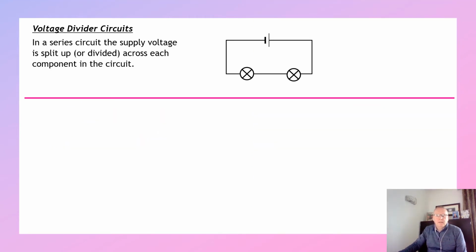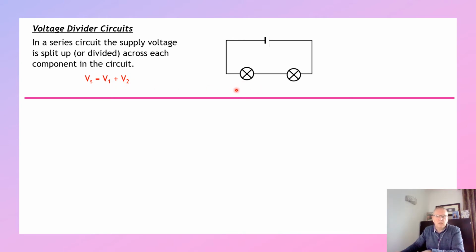So linked to what we've been doing before, this is a series circuit, and it's also known as a voltage divider circuit because if you know the voltage of the battery or the power supply, it's going to split up across each of the components in the circuit. In this case it's two lamps, but the lamps are just resistors really, and so the voltage splits up across each one in such a way that the supply voltage would be V1 plus V2.